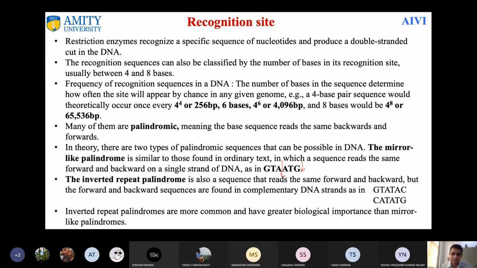Getting the point? Yes, sir, I understood. So this is the only thing, whether within or just outside, or just one nucleotide away, not very far. Okay, sir, thank you.